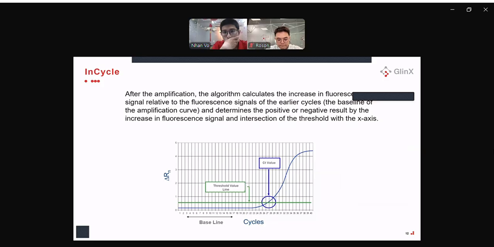Real-time quantitative PCR determines the readout, positive or negative, by measuring the amplification curve. You still remember this picture, right? The amplification curve looks like an S, which is the exponential curve. After we finish the 40 cycles, the algorithm calculates the increase in the fluorescent signal relative to the fluorescent signal of the earlier cycles.